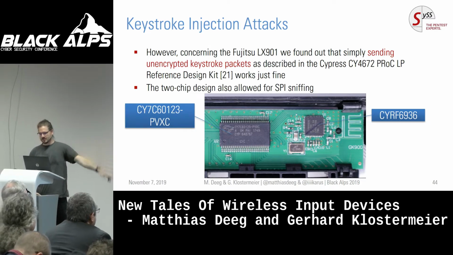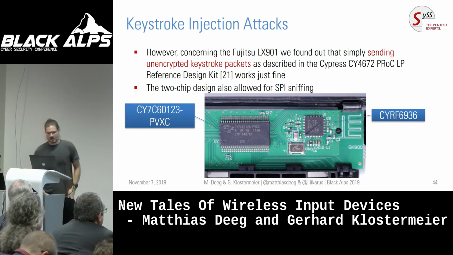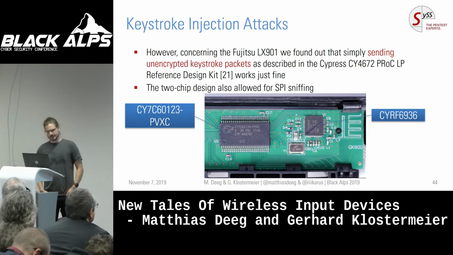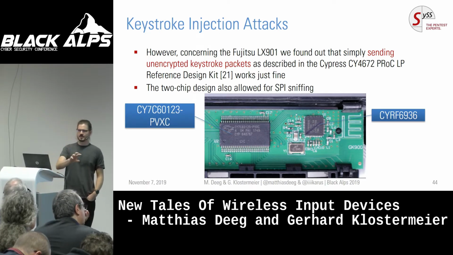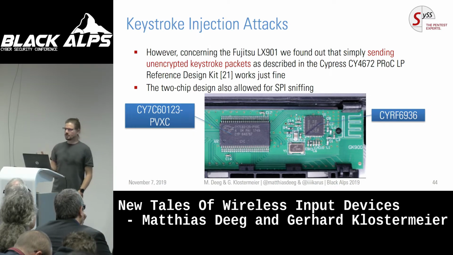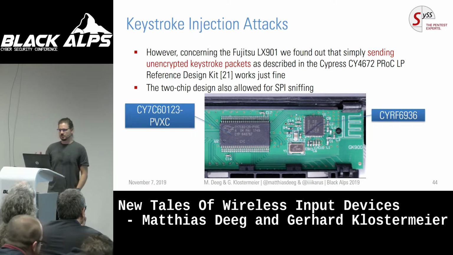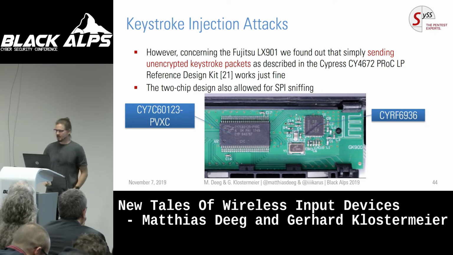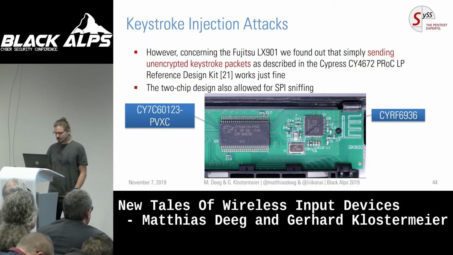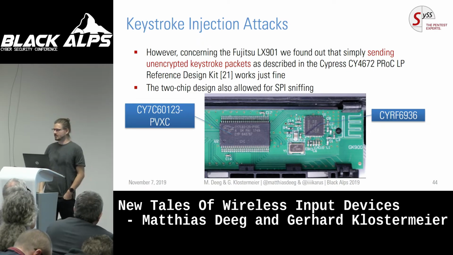You can also sniff the communication between them. When we had a closer look into the transmitter chip, the chips are from Cypress, the keyboard is from Fujitsu. What most chip manufacturers do to showcase their chip is provide example code. Cypress had a website, and you can search for it.